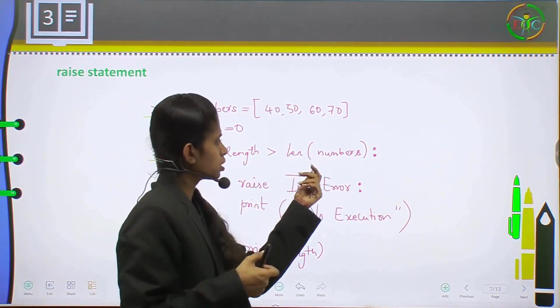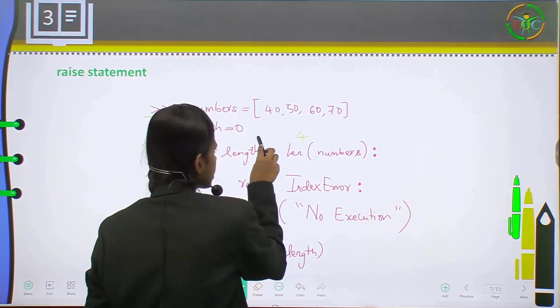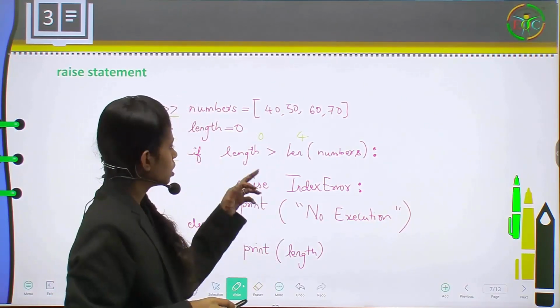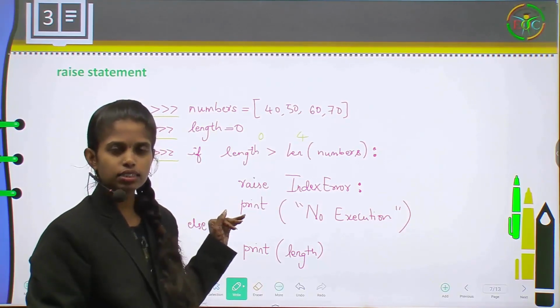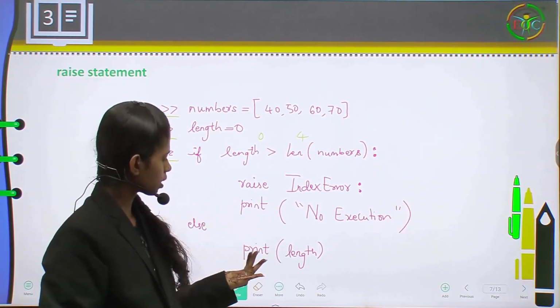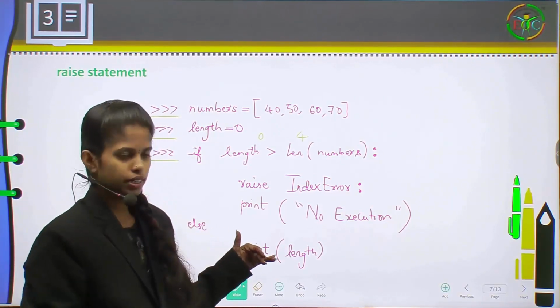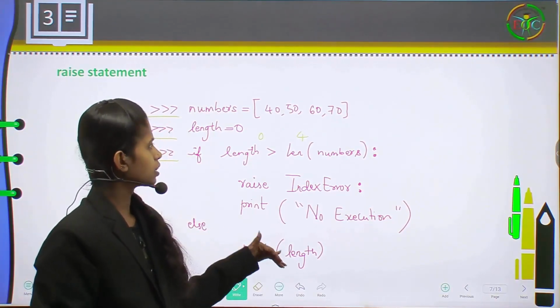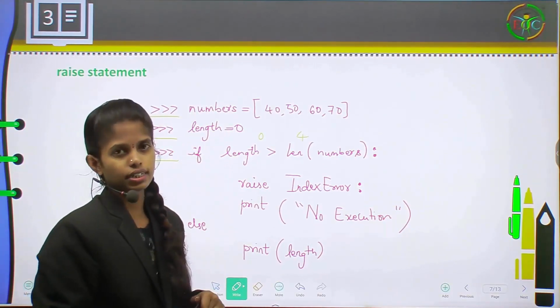So length of numbers will be 4, and here length is equal to 0. If 0 is greater than 4, then an error will be raised, or else the else part will be printed, which is print length. What is stored in length? 0. That should be printed there.